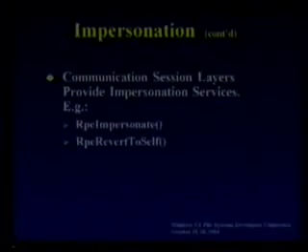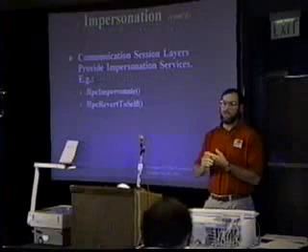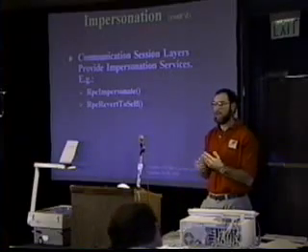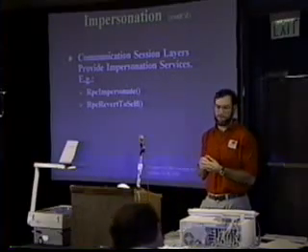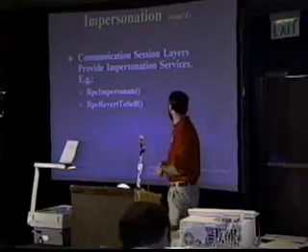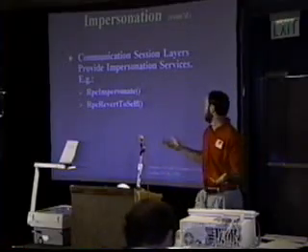Each communication mechanism in the system has to provide impersonation services. If you look at NT, we have LPC, named pipes, DDE, and RPC, which you can stick on top of any of those. They all have impersonation services. For RPC, it's really simple.